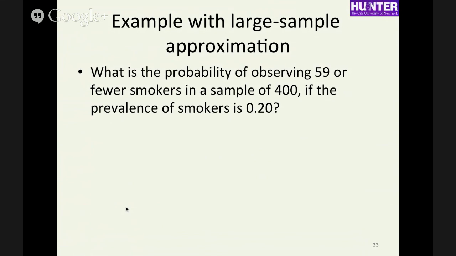So the value of z, I got there the values of mu and sigma. Then z equals 59 minus mu over sigma.